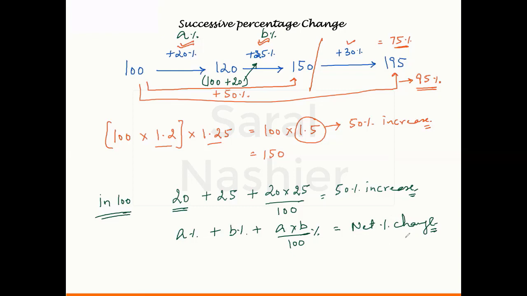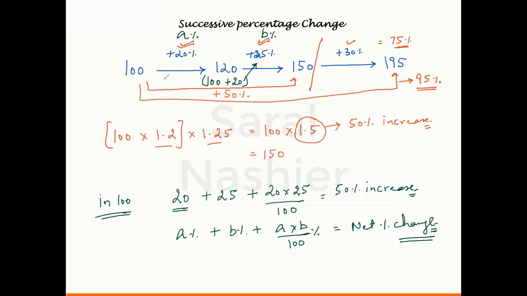So we'll keep this in mind that I am always writing it as net percentage change. So why am I calling it as net percentage change? Because it is not only applicable on increases, you can also apply it on decrease. Or if one is an increase, the other is a decrease, still you can apply this. So this rule can be applied to any of them.